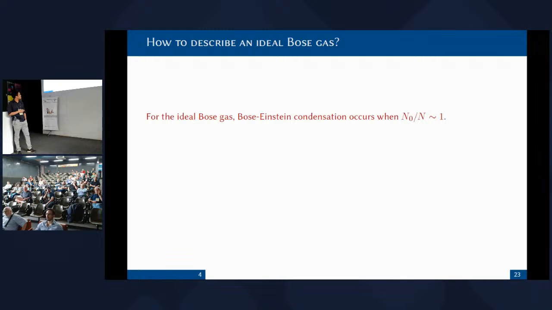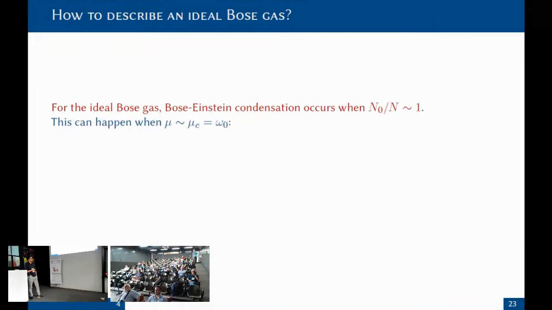So this ratio here should be comparable to 1. And for this particular very idealized model of an ideal Bose gas, this happens when the chemical potential is comparable to the energy, to the frequency of the ground state. When that's the case, we can actually solve by taking the limit of an infinite number of particles.